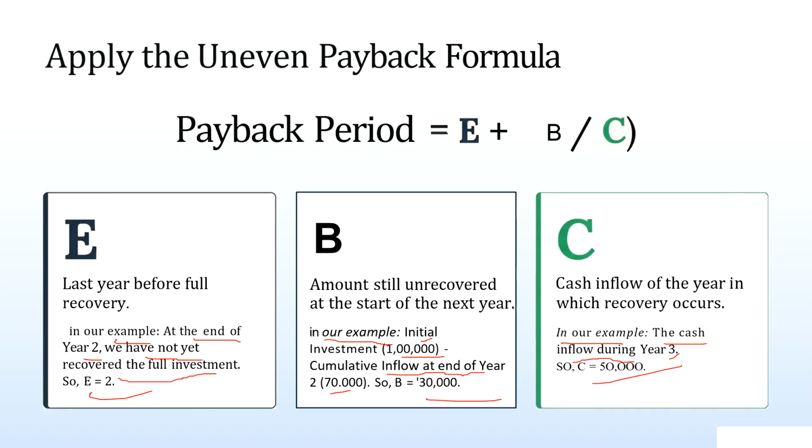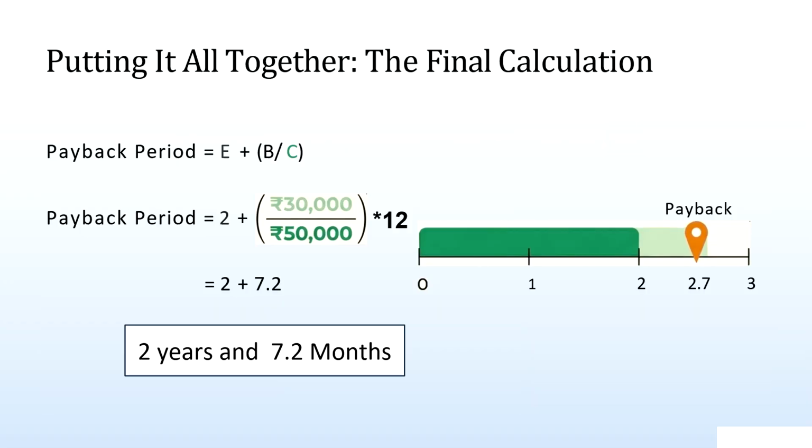Now move to the final calculation. Putting it all together, the payback period equals E plus B divided by C. The E equals 2, the B is 30,000 and the C equals 50,000. Now we multiply by 12 because this is the rupees amount.